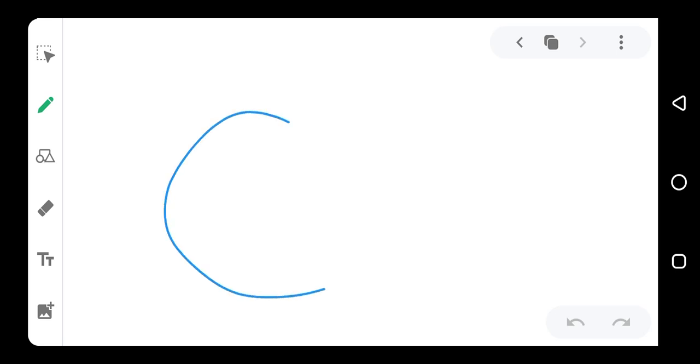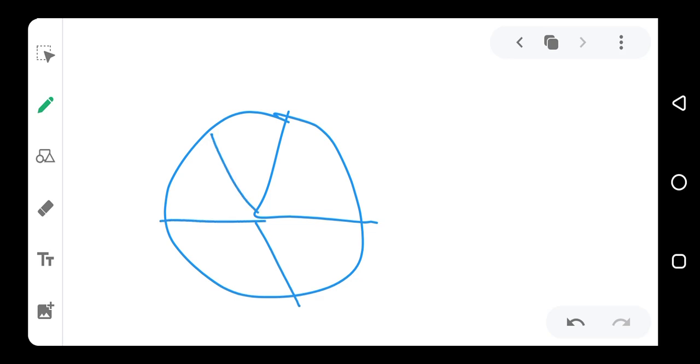We have a circle and we have pieces inside the circle. These pieces are called sectors.